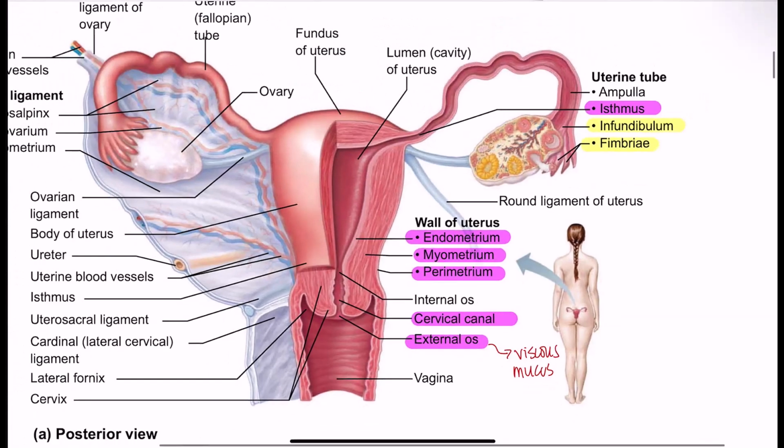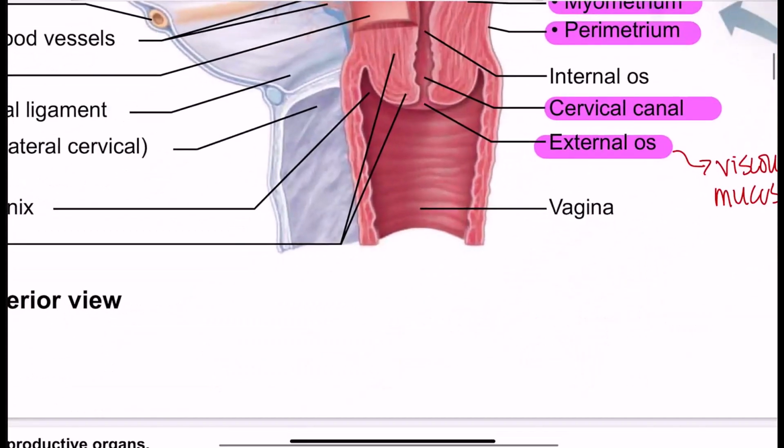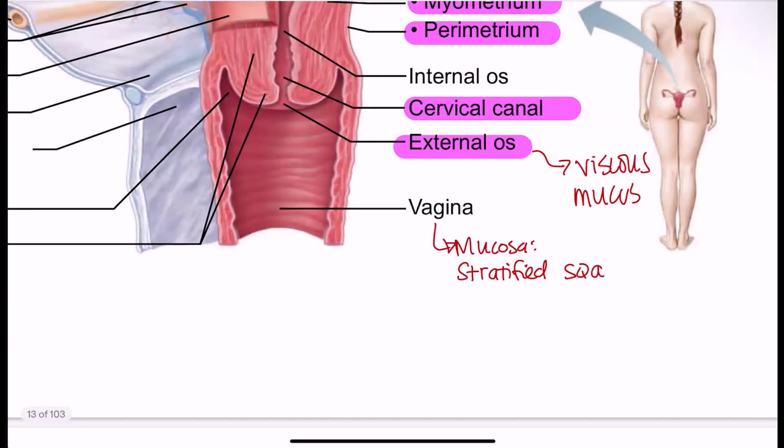Okay, but then we leave through the vagina, and the vagina is just a canal, but it's open to the outside. So this is stratified squamous epithelium. I'm going to write that down. So that mucosa is stratified squamous epithelium, which makes sense, right?